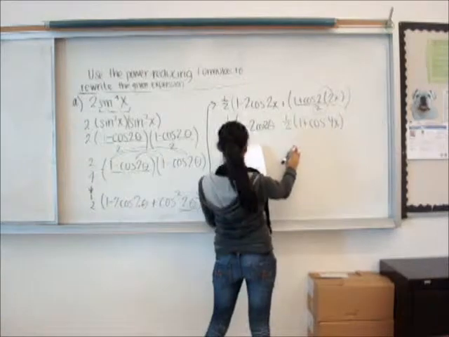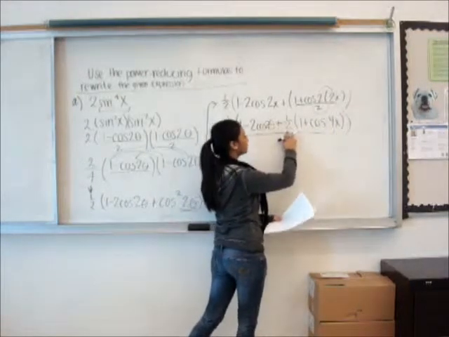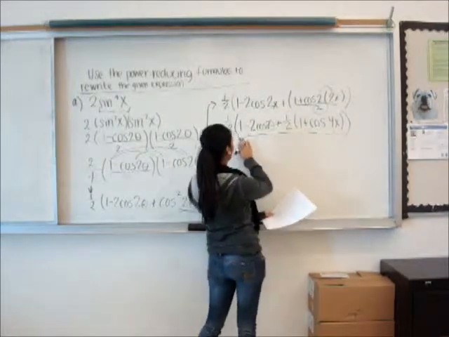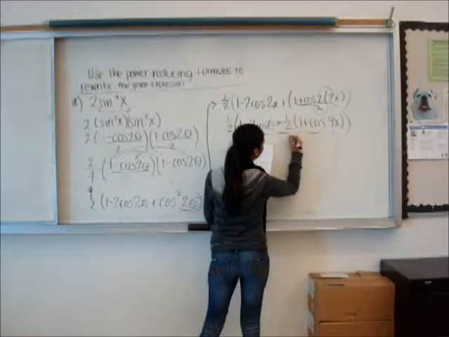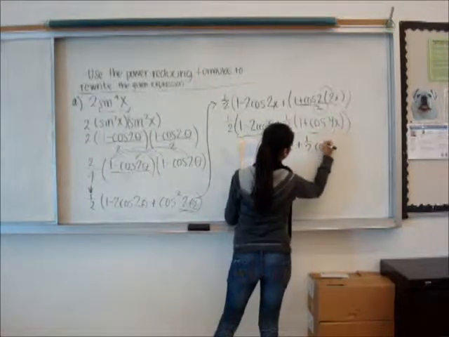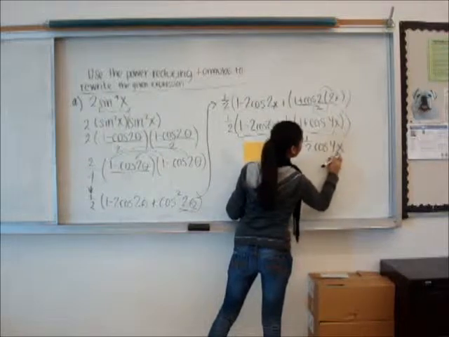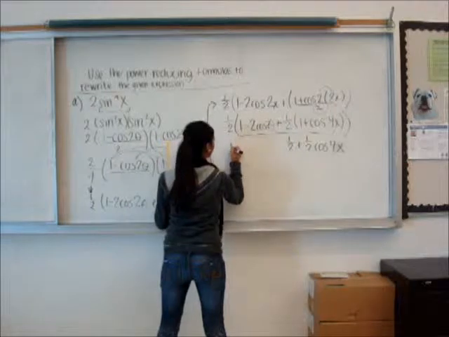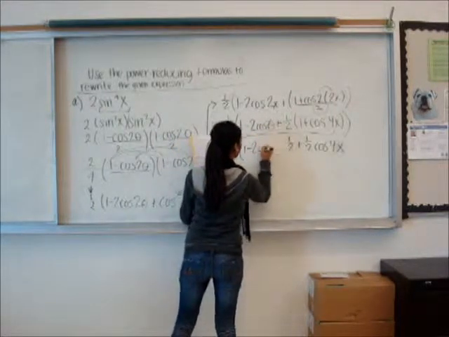We first want to distribute here and get rid of the first parentheses so that this can become just one whole parentheses. So by doing that, we get 1/2 plus 1/2 cosine 4 theta. And we have a 1/2 out here in front, and we just bring this down, it stays the same.